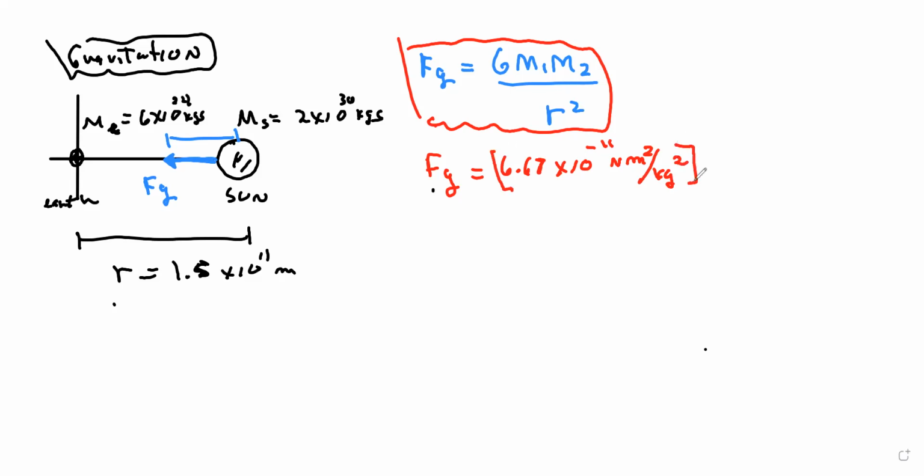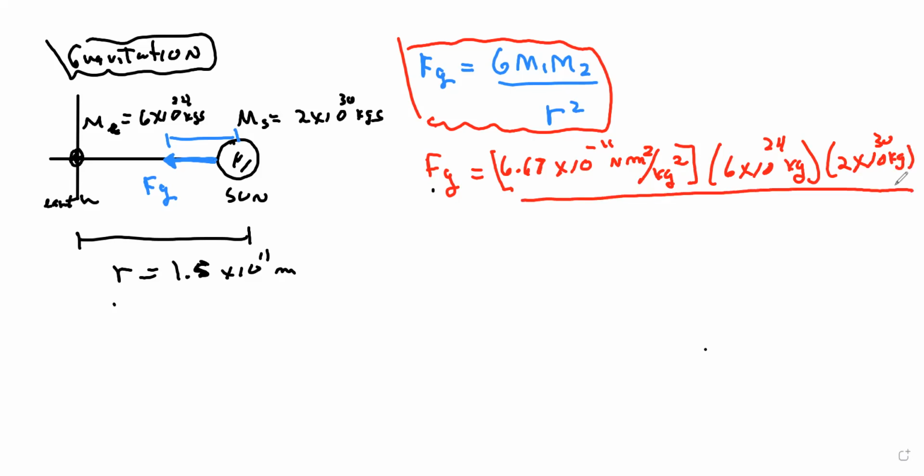And you're going to multiply it times the mass of the Earth, 6 times 10 to the 24 kilograms, times the mass of the sun, which is 2 times 10 to the 30 kilograms. We're going to divide all this by r, which is 1.5 times 10 to the 11 meters. And then you got to square this, because that's what the formula tells you right here.